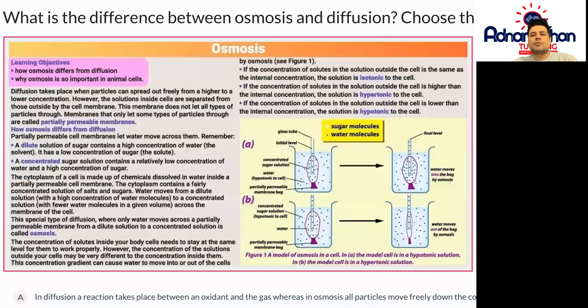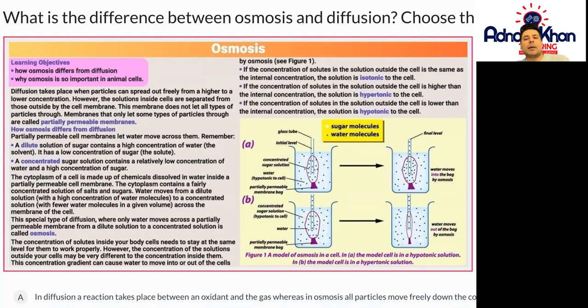So what is osmosis? Now, osmosis is the diffusion of water molecules from an area where the water molecules are in high concentration to an area where they are in low concentration. And this happens through a membrane, a partially permeable membrane.